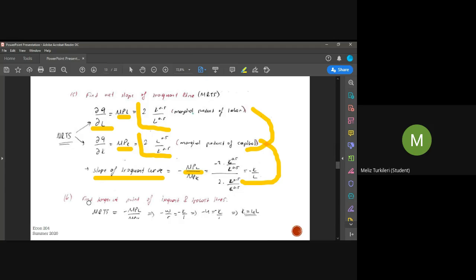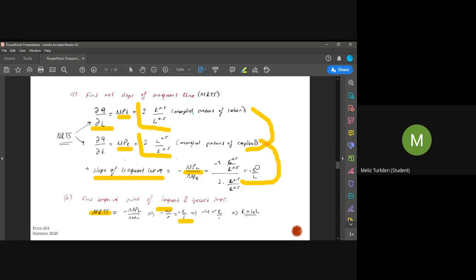As a sixth step, we need to find the tangent points. And to find this point, we need to equalize the marginal rate of technical substitution and the slope of the isocost line. I know that the marginal rate of technical substitution is equal to negative K divided by L. I know that from this part.